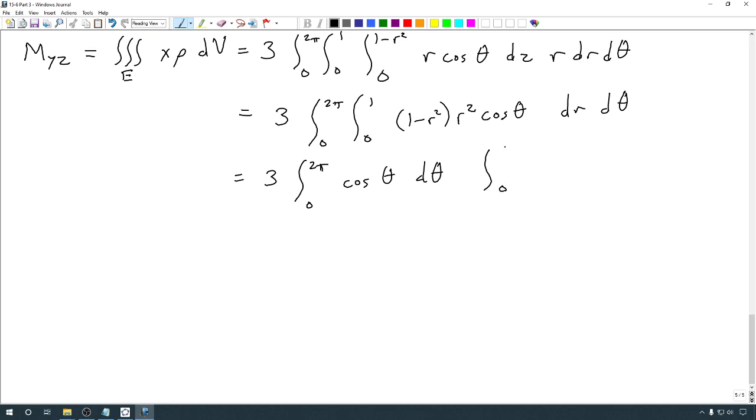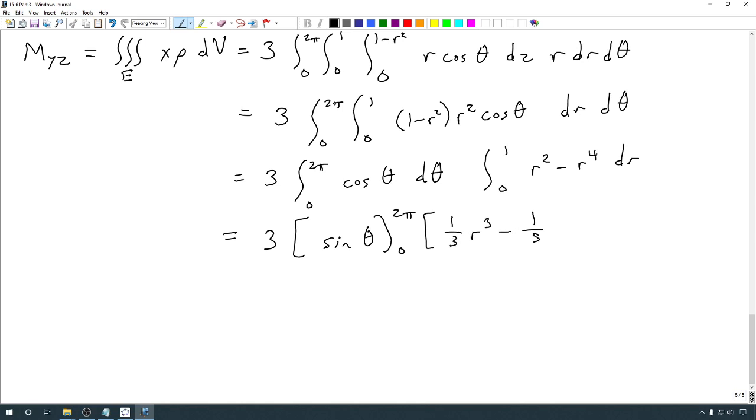Then we have the integral from 0 to 1 of this stuff, which I'm going to write as r squared minus r to the 4th. Integral of cosine is actually just sine. Integral of r squared minus r to the 4th is 1/3 r cubed minus 1/5 r to the 5th.